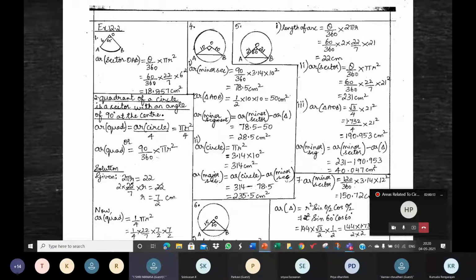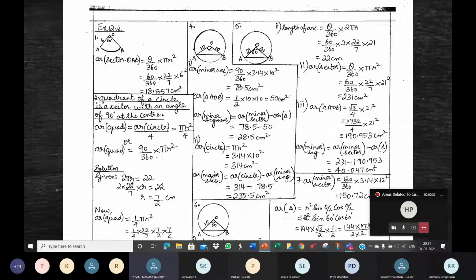Just try. Yes, ma'am. First, I calculated the length of the 2 radii. I added them both, and then I used the formula 2 pi r for the rest of the circle. 2 pi r is how much? 132, correct?